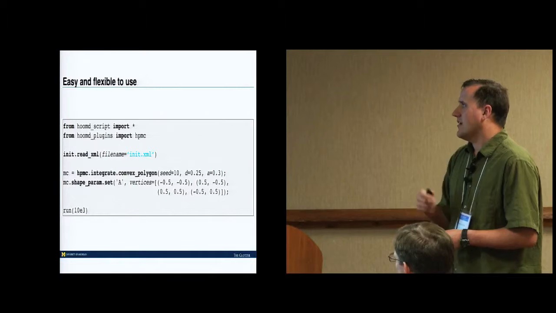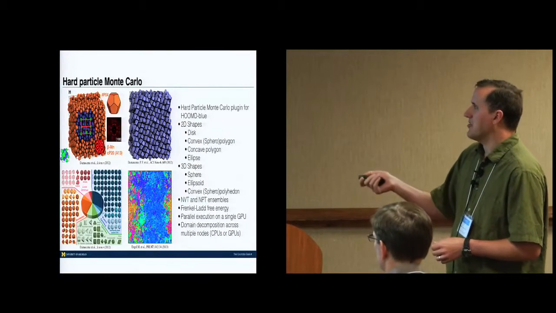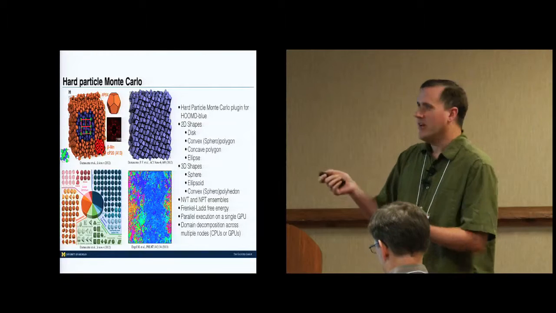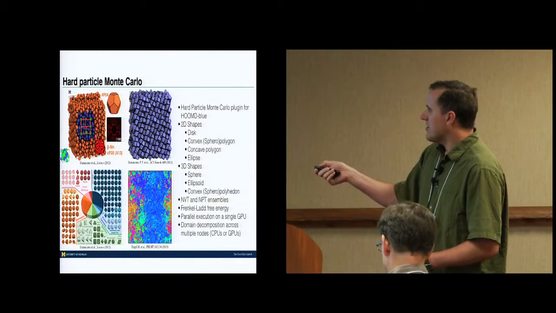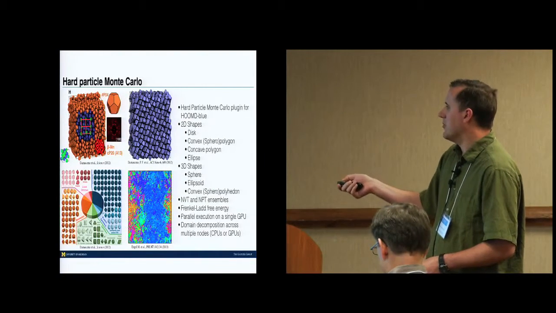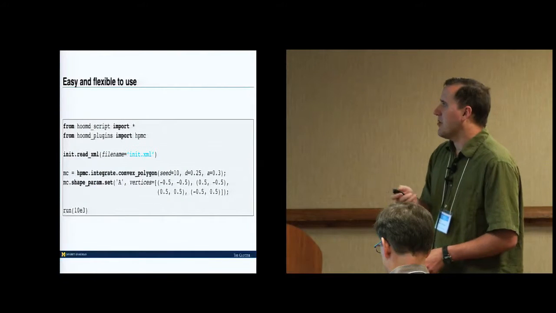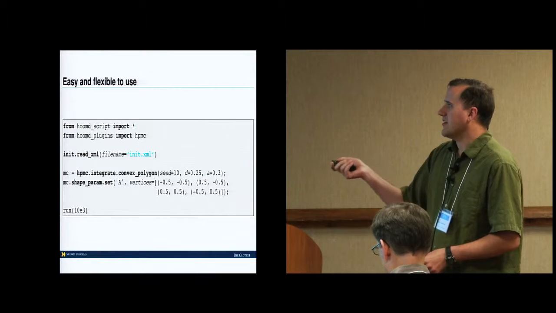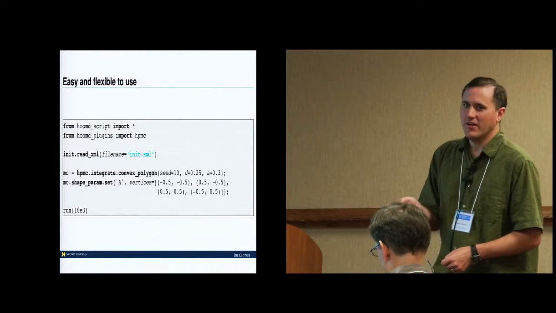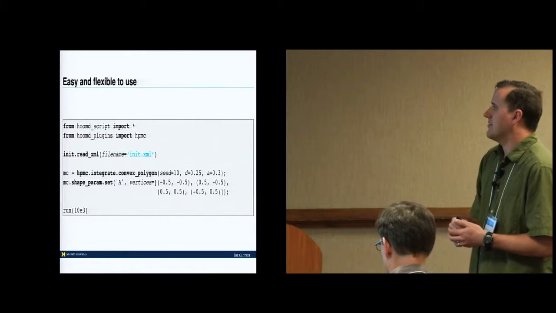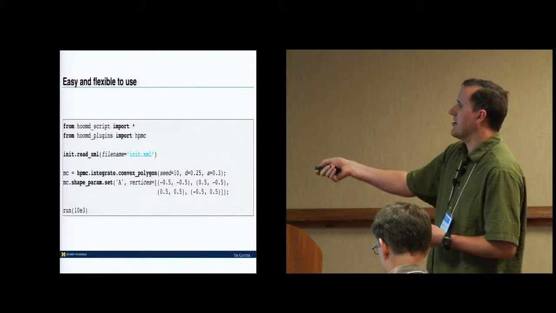And this, so I'm starting with the end first. So the end is we have a very general purpose hard particle Monte Carlo code that can simulate all of these systems and more, and integrates into HOOMD. Jens didn't mention in his part of the talk that HOOMD is actually built on Python scripting. So your job script to describe your simulation to the computer is just a simple Python script.